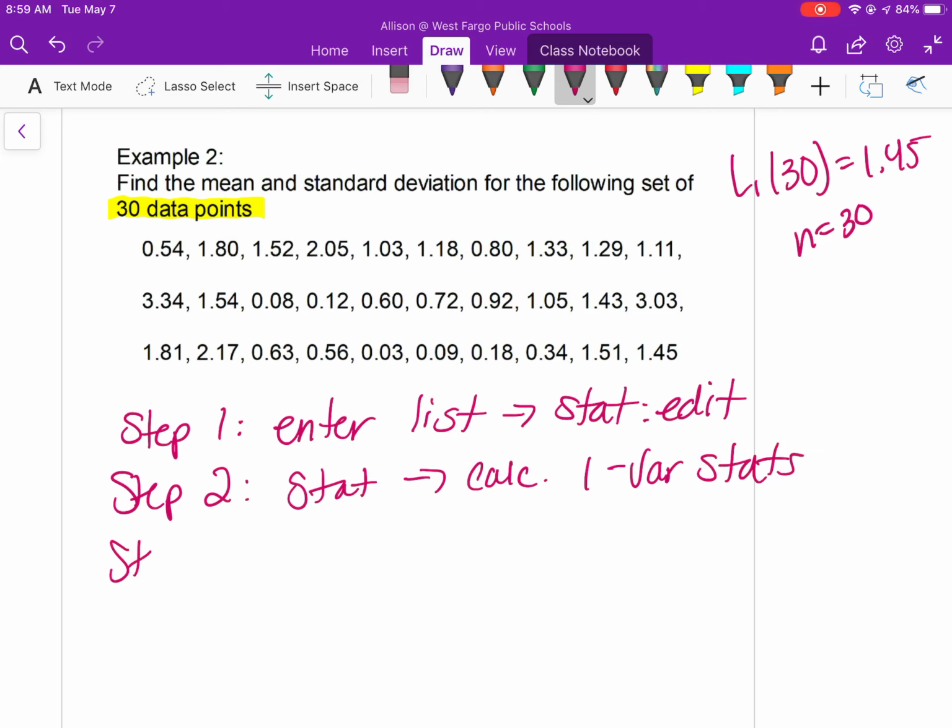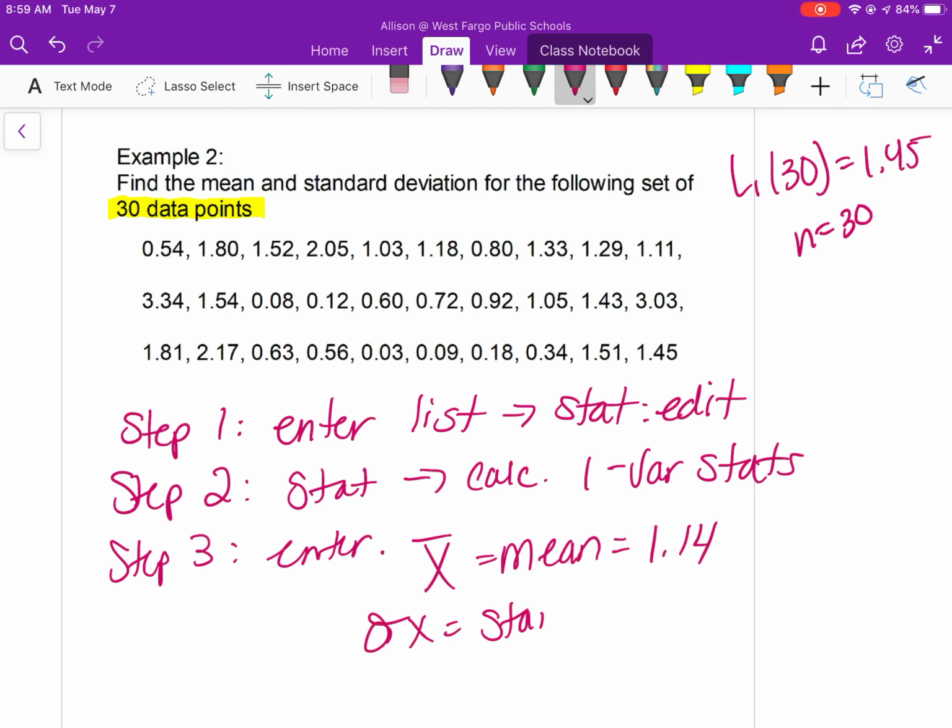And then when you hit enter for step 3, you're going to read the X bar as the average. And when I ran it, I got 1.14. And the sigma of X will be your standard deviation. And when I ran that, I got sigma of X to equal 0.81.